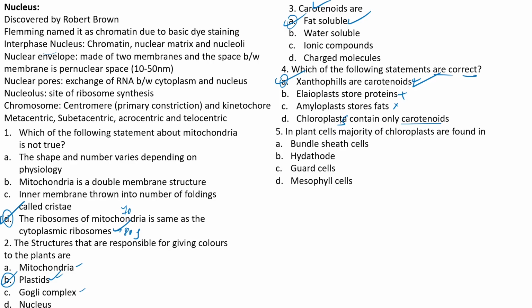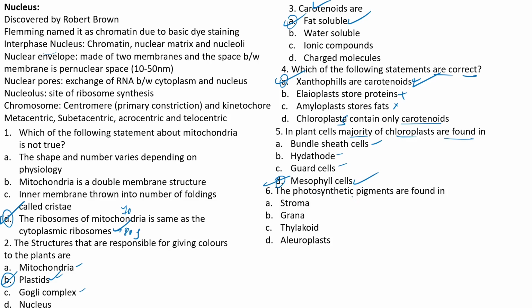The next question: in a plant cell, the majority of the chloroplasts are found in bundle sheath cells, hydathodes, guard cells, mesophyll cells. We all know the major content of the chloroplasts is in the mesophyll cells. D is our right answer. The photosynthetic pigments are found in stroma, grana, thylakoid.